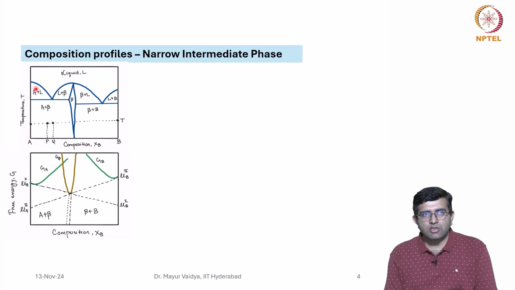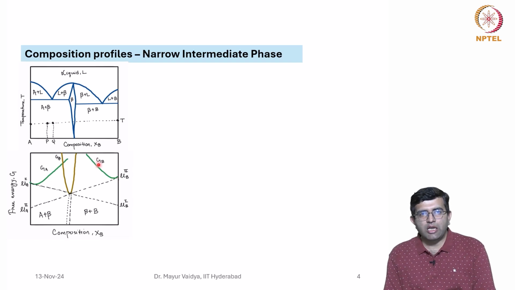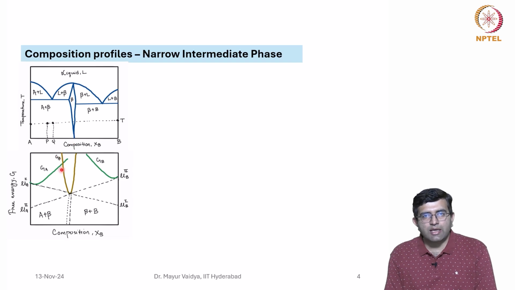If there is a terminal solid solution alpha, we can write G alpha here, but right now we have just written GA. Similarly, GB is written here, so this point. And the intermediate phase, because it is only existing for a short range of composition, has a free energy diagram which looks like this. So, that is represented by beta.